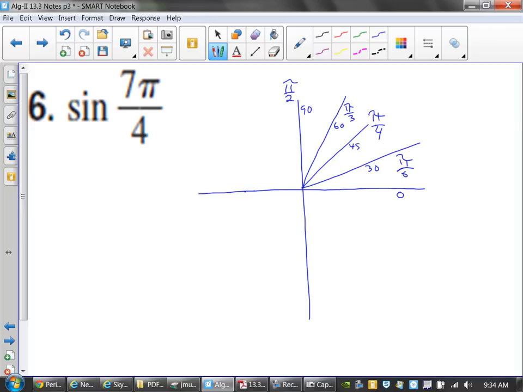Now, as you draw through this, from our chart yesterday, what was the cosine of 30? Remember, cosine of 30 is adjacent over hypotenuse. It's root 3 over 2. So the x value is root 3 over 2. The y value, the sine of 30, is 1/2.